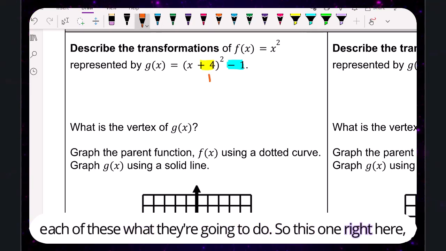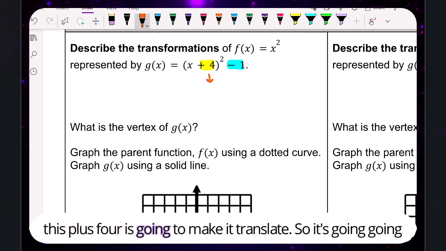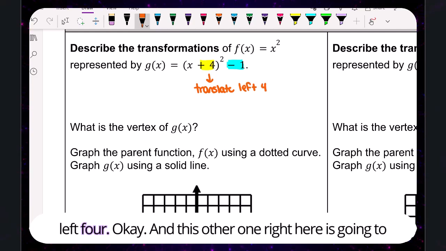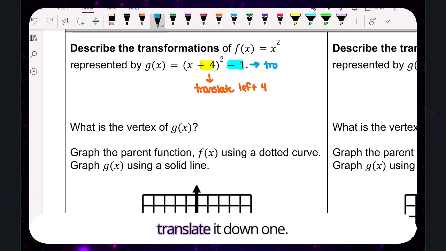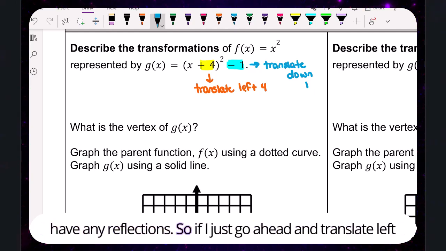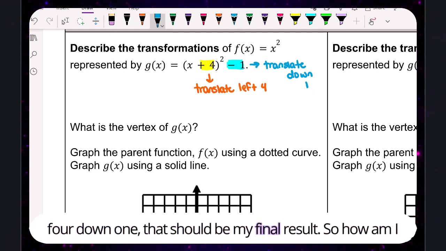So this plus 4 is going to make it translate, so it's going to slide left 4. And this other one right here is going to translate it down 1. I don't have any stretches and I don't have any shrinks. I don't have any reflections. So if I just go ahead and translate left 4 down 1, that should be my final result.